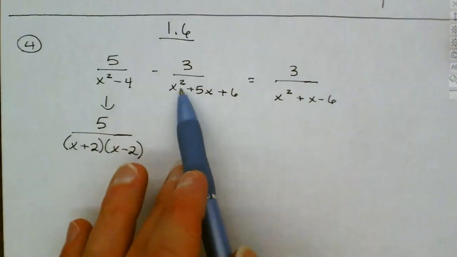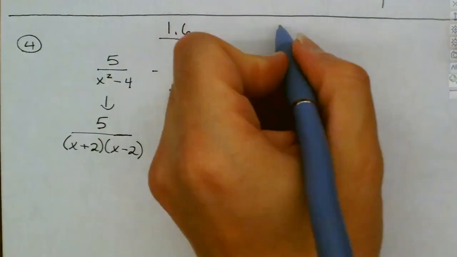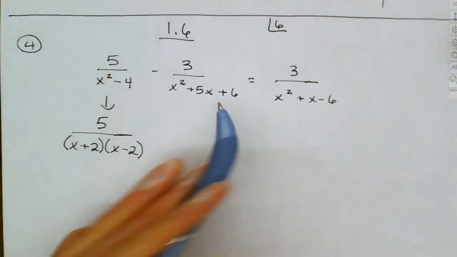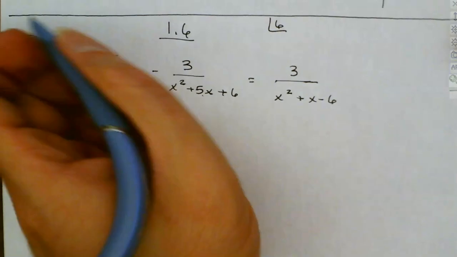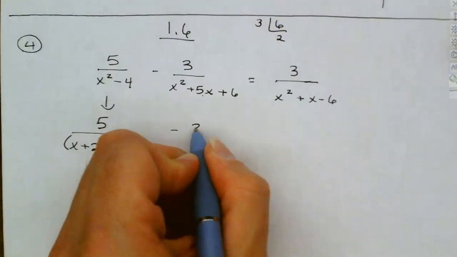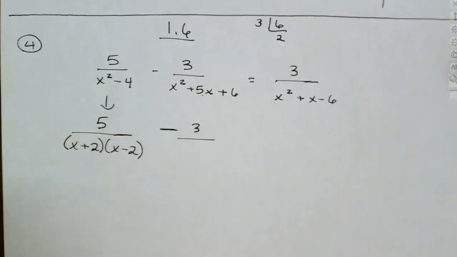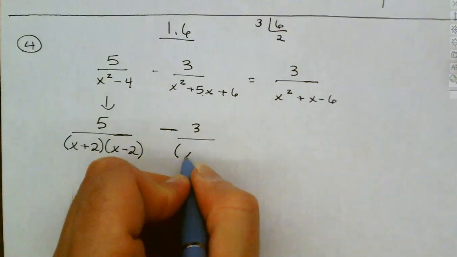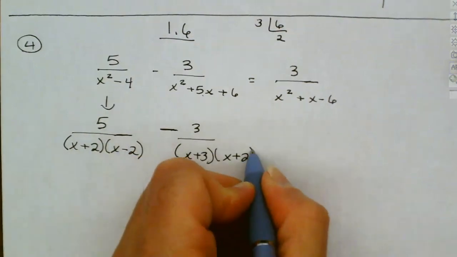What about this one? First times the last is a 6. What two numbers multiply together to give you 6 and add to give you 5? Yep, 3 and 2. So that's going to be that piece, 3 and 2. So now we have x minus 3 on the top, and then we have x plus 3, x plus 2 down below.